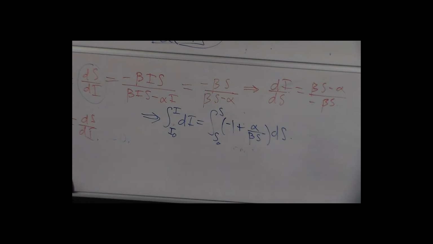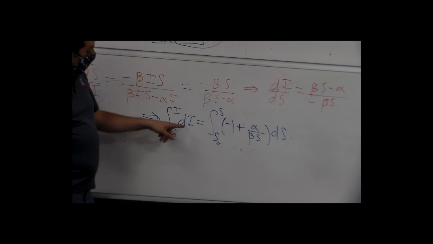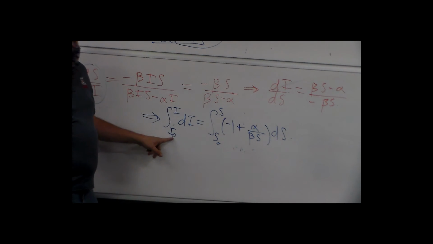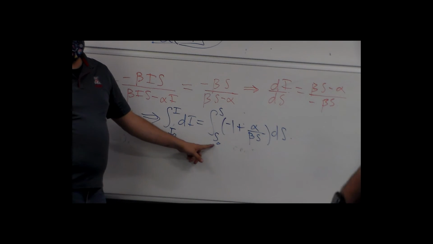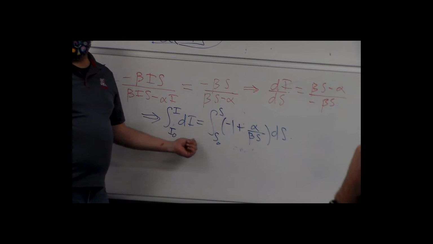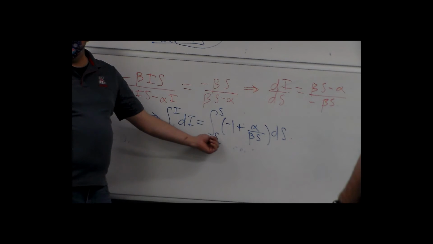Okay? I definitely avoid indefinite integrals. You should get used to definite integrals. So I'm just integrating from where I equals I naught, s equals s naught. That's it. That's all I'm doing. It's like tagging the same place that the integrals have to start at.